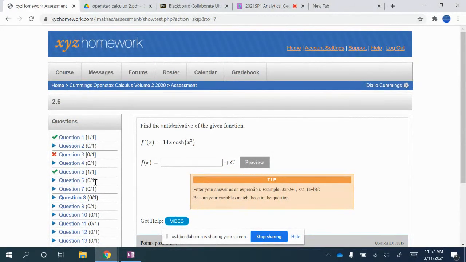All right, let's take a look at problem number 8. Right, here we're asked to find the antiderivative for this function. We're given that f prime of x is equal to 14x times the hyperbolic cosine of x squared.